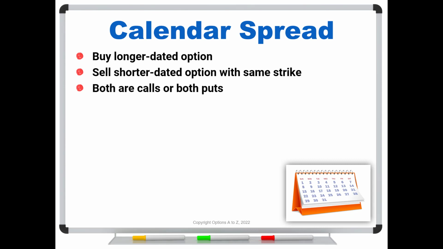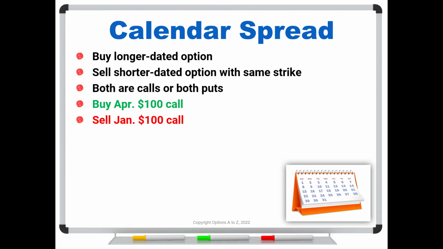So as an example, let's say that you buy the April 100 call and you sell the January 100 call. So in this example, the one that you own, April, has more time to expiration than the one that you've sold for January. You've got the same strikes, both 100. You've got the right to buy at 100, the obligation to sell at 100.